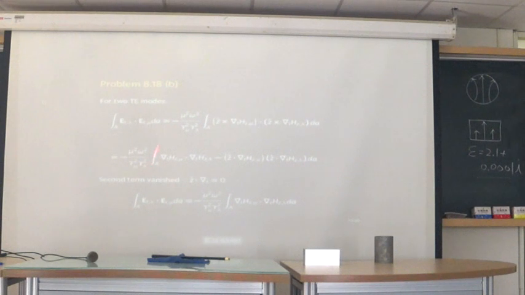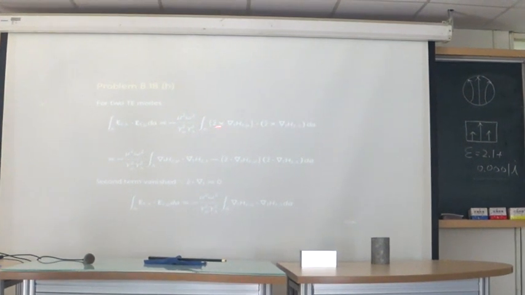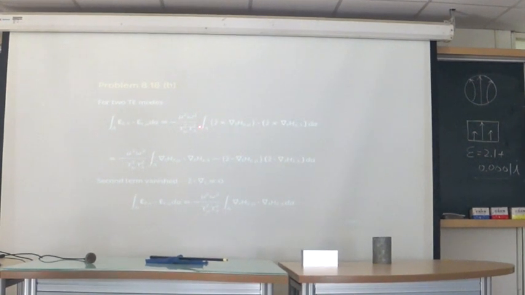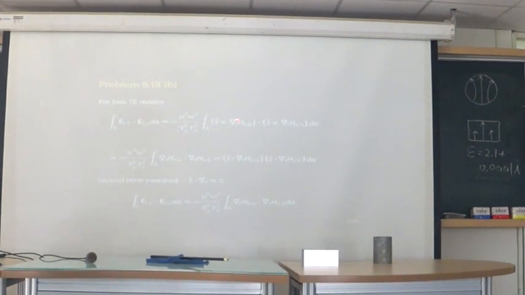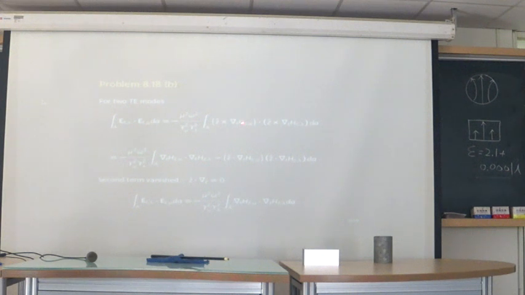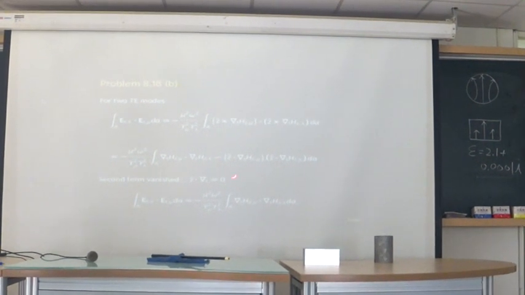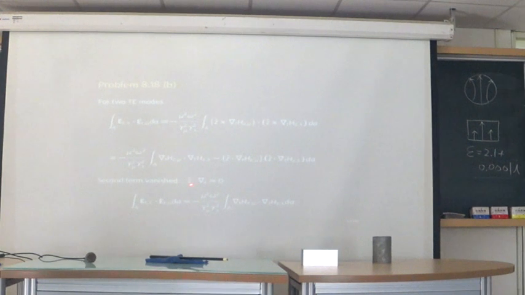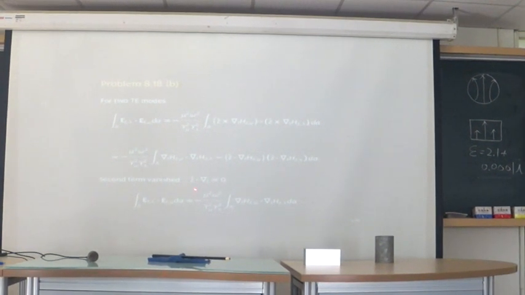And for both TE modes, we need to calculate it again. Because the ET is equal to z cross the gradient of H, we use a vector calculus identity to change this cross product to the dot product here. And because z dot gradient T is equal to 0, this is the identity, because gradient T is in the transverse direction and our z is the longitudinal direction.